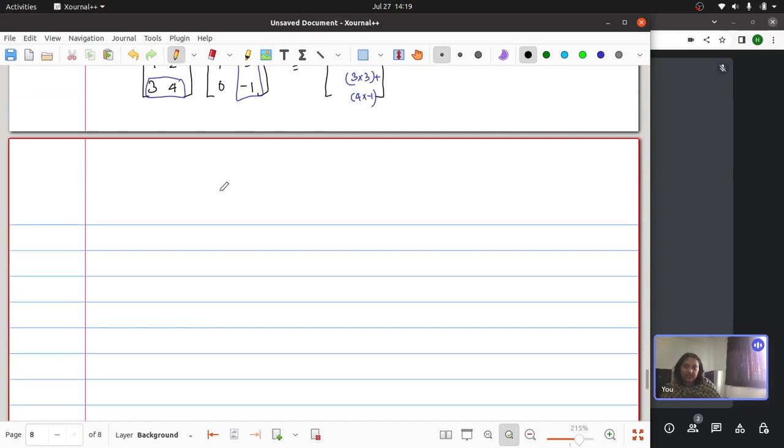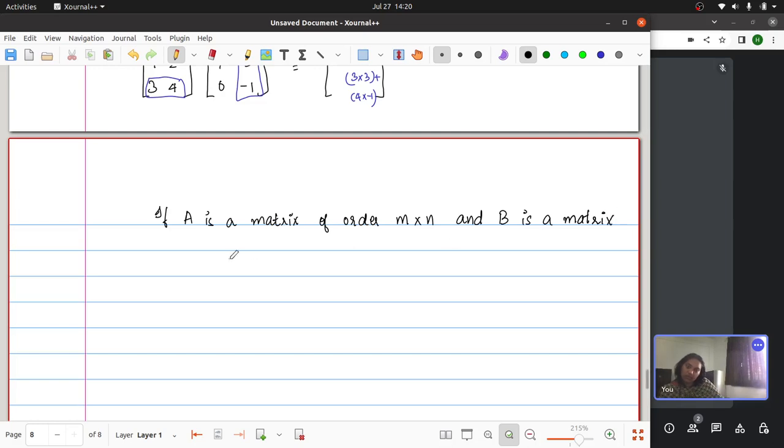So what we are saying is, if A is a matrix of order m cross n, and B is a matrix of order r cross s, in order for the multiplication to make sense, this n and this r should be equal, right.